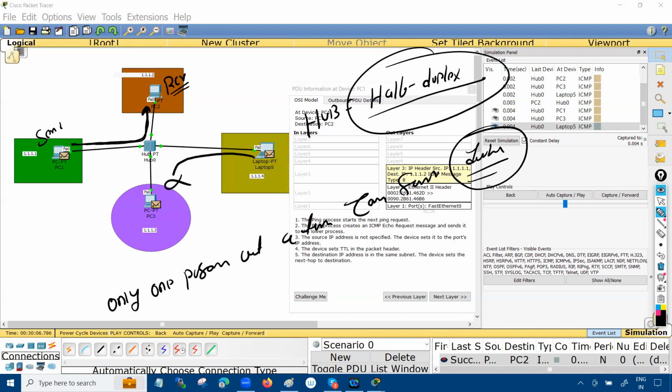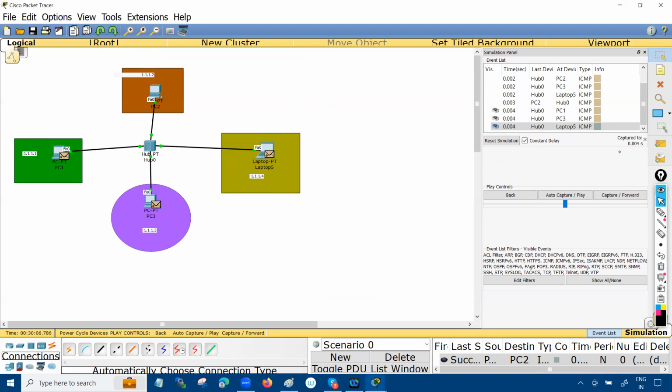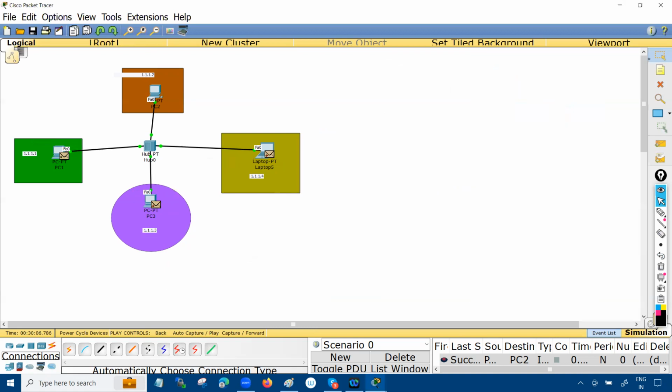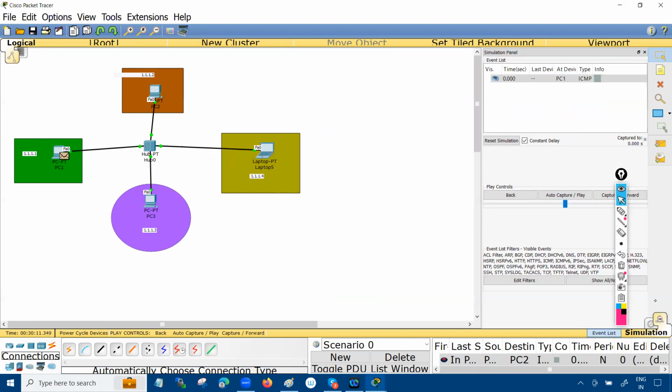Let me show you. Hold on. So already my packet is going from PC1 to PC2. At the same time, I'll send the packet from PC5 to PC3 as well. Have a look.